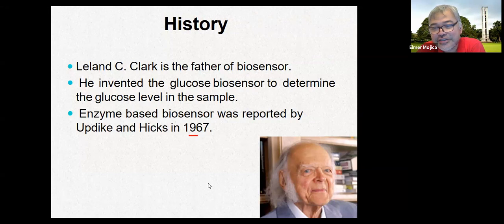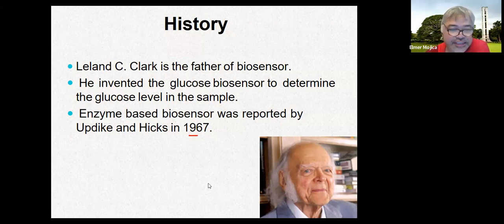Okay? So if you look at the timeline, 1962 was when Clark and Lyons first described what a biosensor is. Then Updike and Hicks made the first practical enzyme electrode.